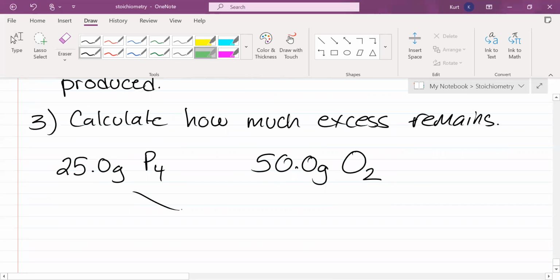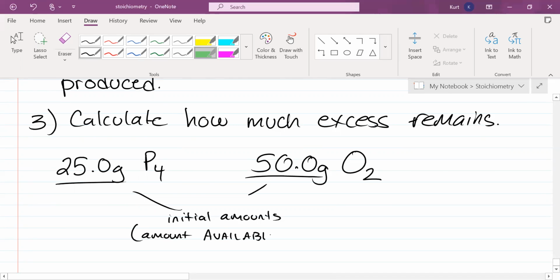These are your initial amounts. You can also call this amount available. So this is what you have in your pocket. Is it enough? That's what you're going to find out.